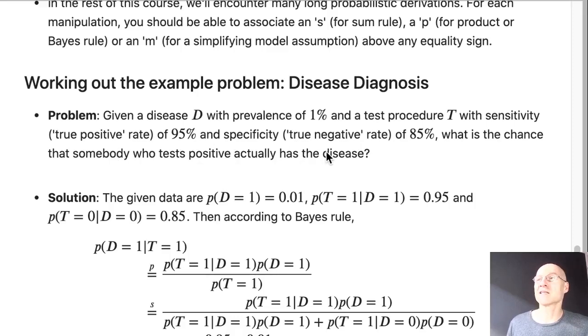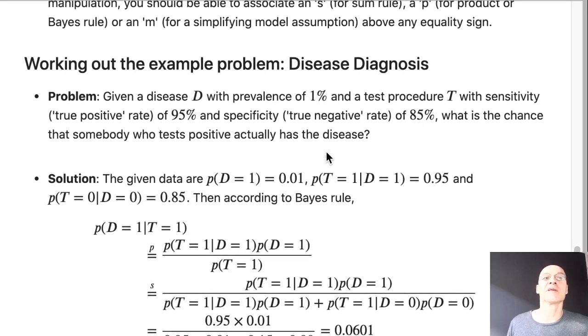If we translate this to probability theory, the given data is that the probability that somebody has the disease is 1%. The probability that the test comes out positive if somebody has the disease is 95%. And the probability that the test comes out negative if somebody does not have the disease is 85%, or 0.85. Those are given.